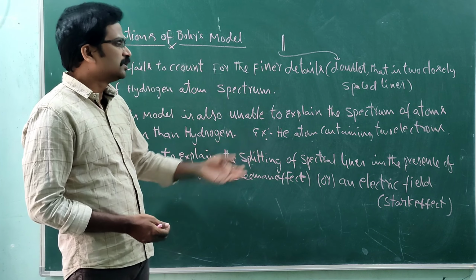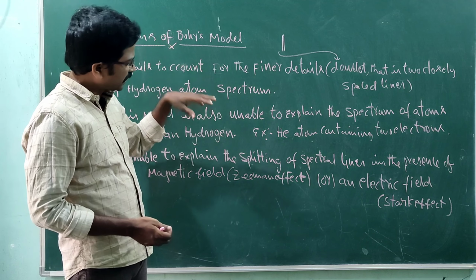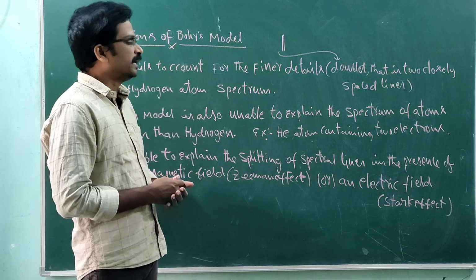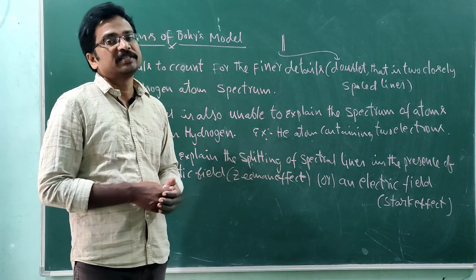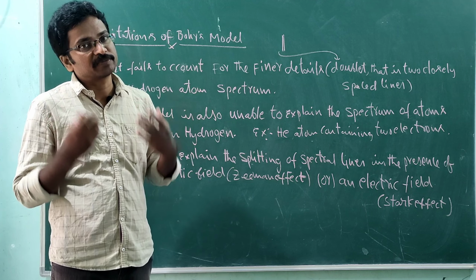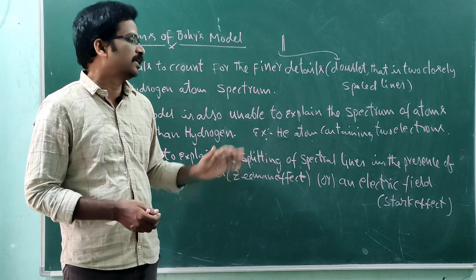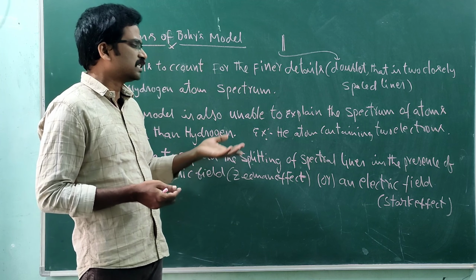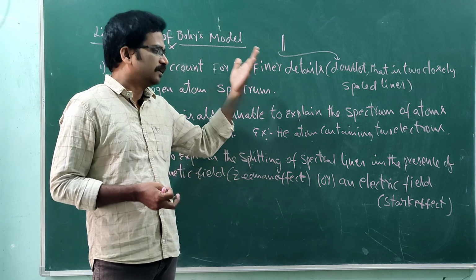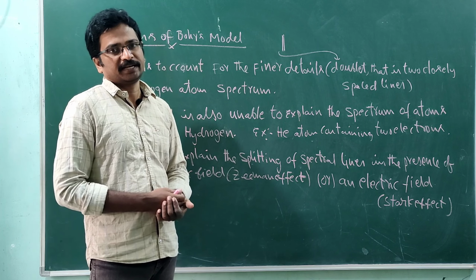Next, spectral lines can also split in an electric field. That is known as the Stark effect. The Bohr theory cannot explain that concept either, why spectral lines split in an electric field.